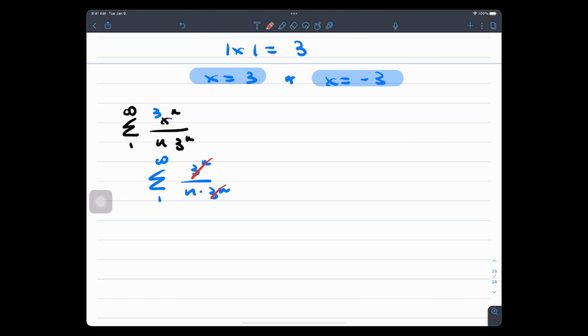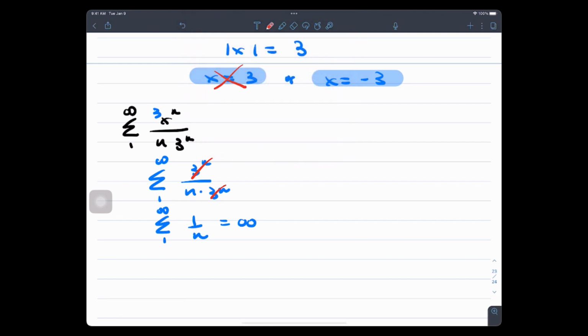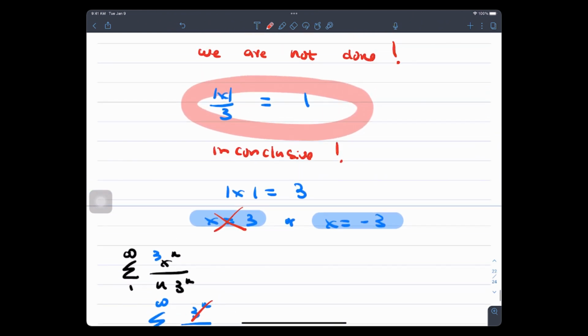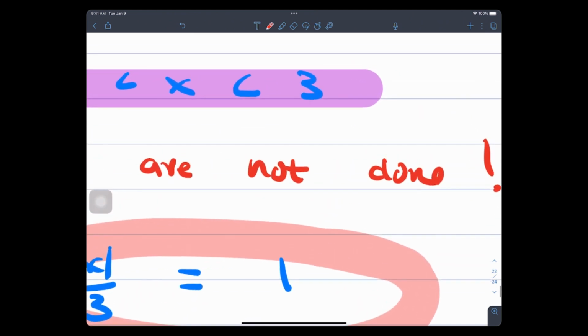Doesn't this cancel? So when you let x be 3, because it's inconclusive, you get the harmonic series. This what? Diverges. So we know we cannot include 3 in this interval. Okay? X cannot be 3.